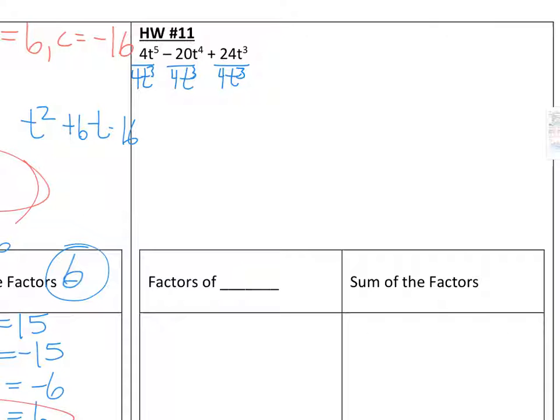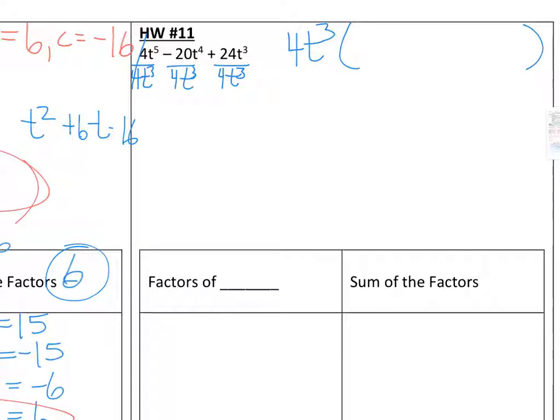And if they all have a t, basically they'll all have the lowest number in there. So when I divide this one, the 4's cancel, and t to the 5th divided by t to the third is t to the second. So remember, what we divide by goes out in front, and then we're going to put what's left in the parentheses.